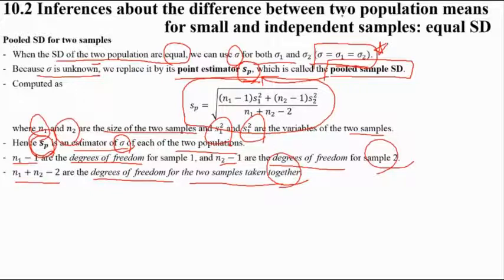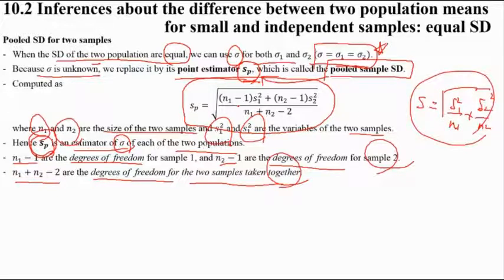Before, we had a formula with the square root of S1 squared over n1 plus S2 squared over n2, right? That one is for the standard deviation, but this is different because it is a pooled sample. Why? Because we said the standard deviations are equal. It satisfies three conditions: small, independent, and normal.